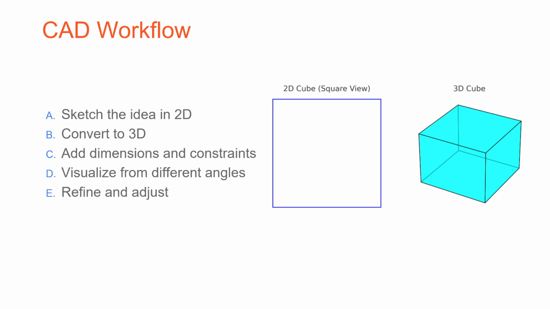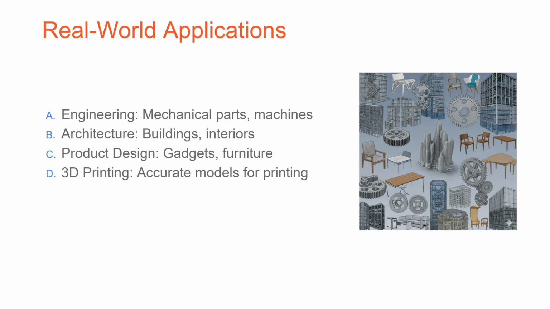So now let's discuss some real world applications. CAD is used in many industries, like engineering, architecture, product design, and 3D printing. In engineering, we generally use CAD for designing mechanical parts, machines, or tools. In architecture, we use CAD for creating buildings, interiors, and construction plans.